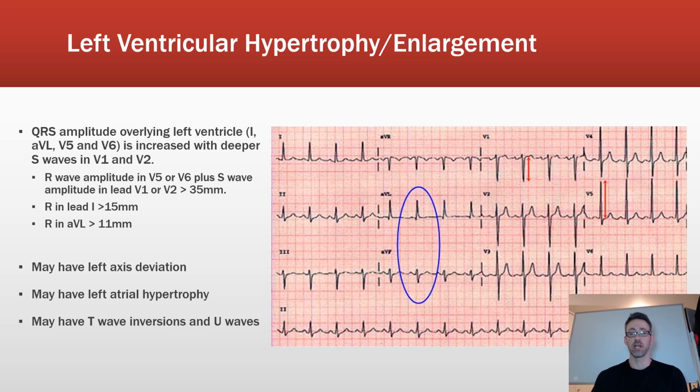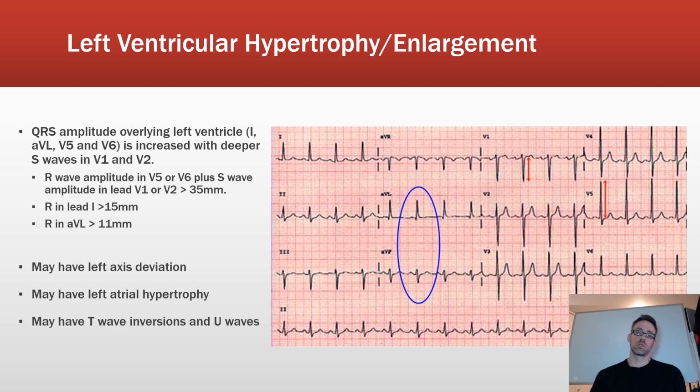So it's an increase over the normal, which means that V1 and V2, which are reciprocal to those, more towards the right, would show deeper S waves.